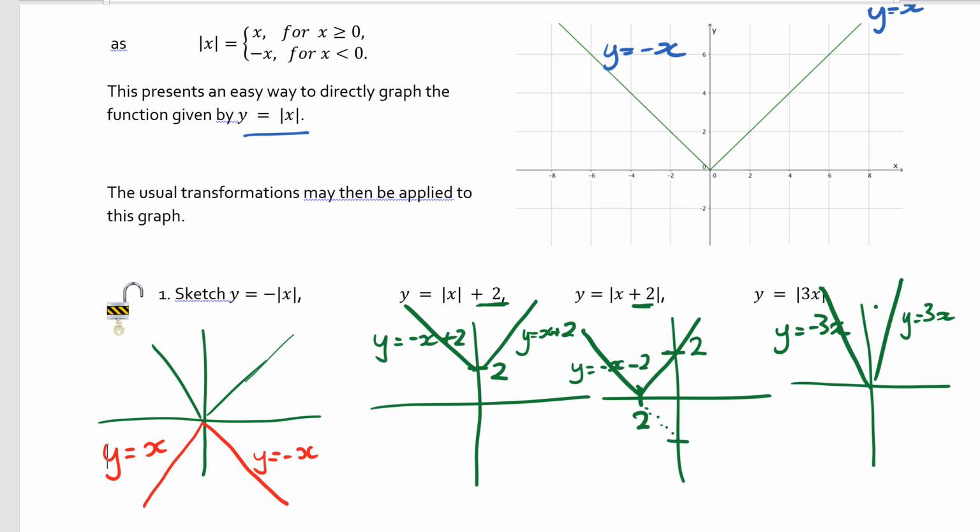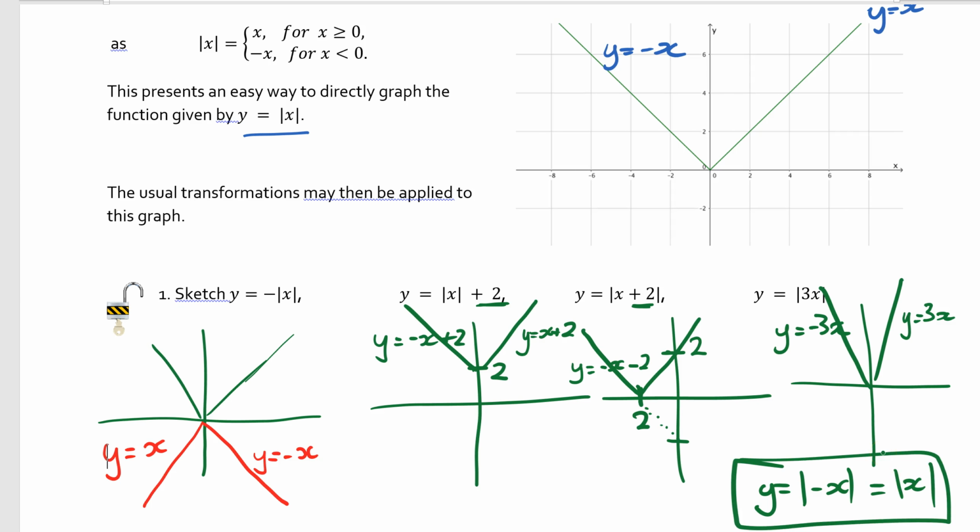Notice that I haven't taken y equals mod of minus x, because we know that the effect of that is technically to flip it in the y-axis, but then it would look exactly the same, since mod of minus x equals mod of x. So just worth noting that little bit.